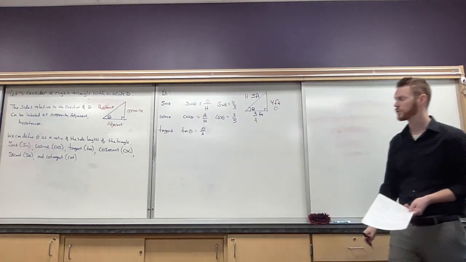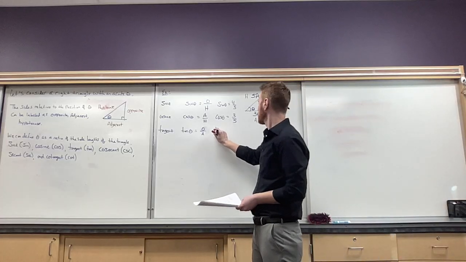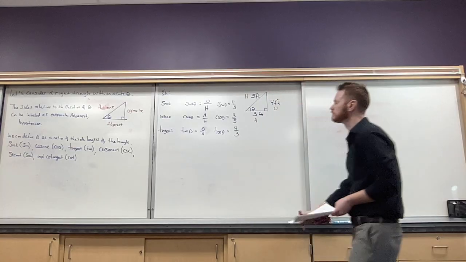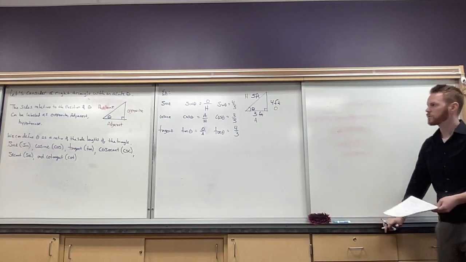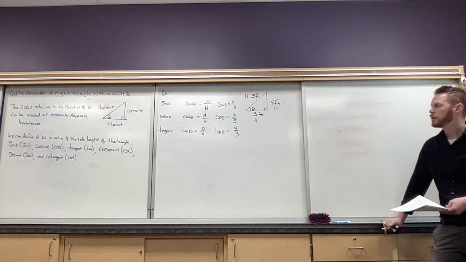Notice tangent does not use the hypotenuse. So in this example, that's going to be 4 over 3. Now that should look familiar from geometry just a little bit, if you recall.